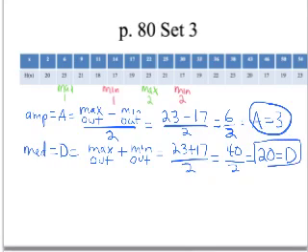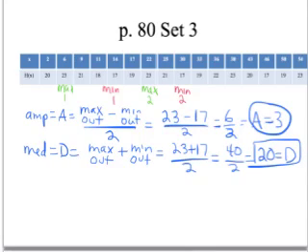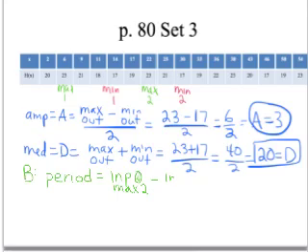Now it's time to find my B and C values, which are input values, and B is a two-step process. The first thing you have to do is find the period length. The way you find the period length is to use the input at max 2 minus the input at max 1.